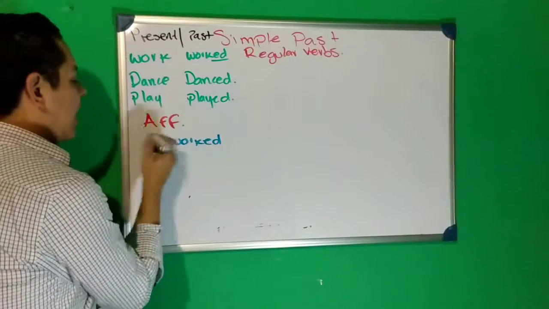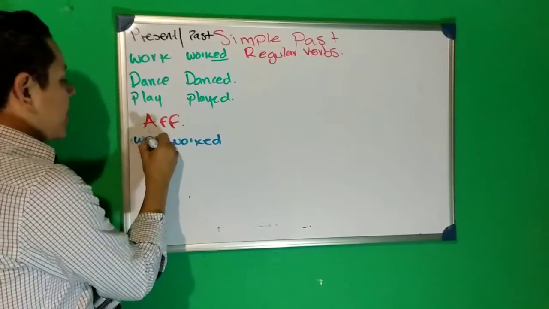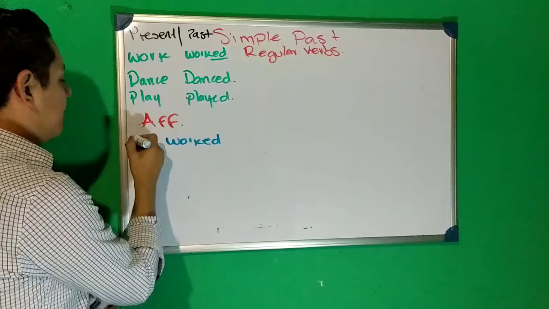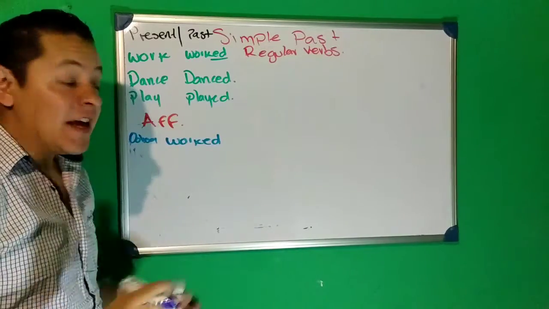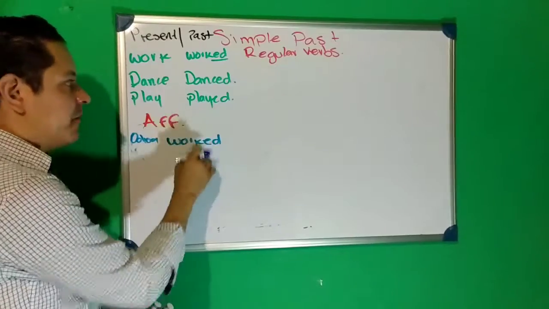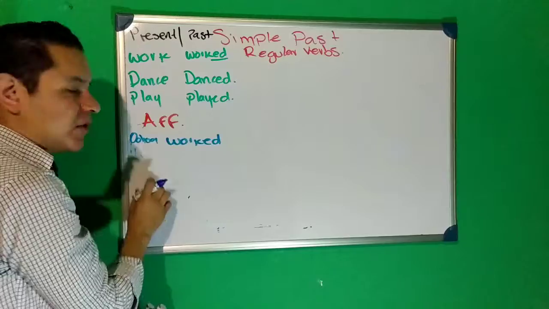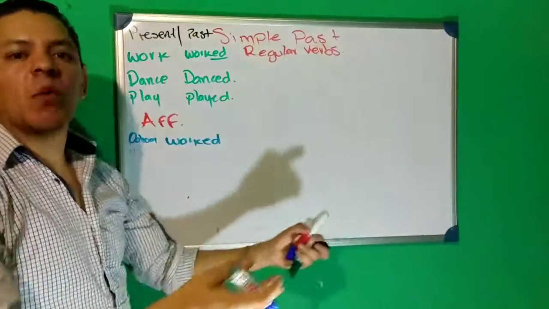I can change I by you. I can change you by we. Or as well, I can say a personal name, like for example, Ochoa worked. Yes, it doesn't matter. If it's affirmative, the verb is going to be in past. Yes, and the personal pronoun doesn't make any change on the verb or whatever we want to add.